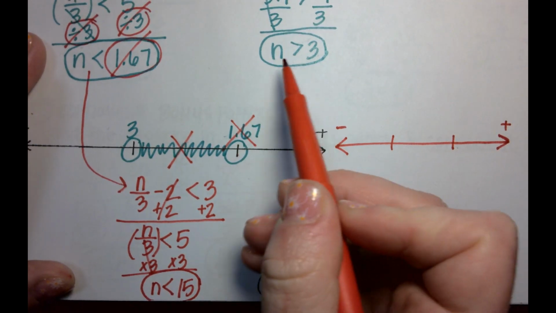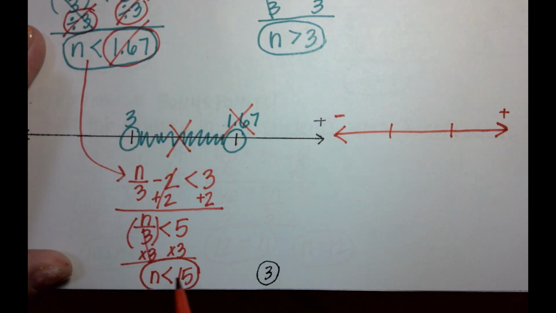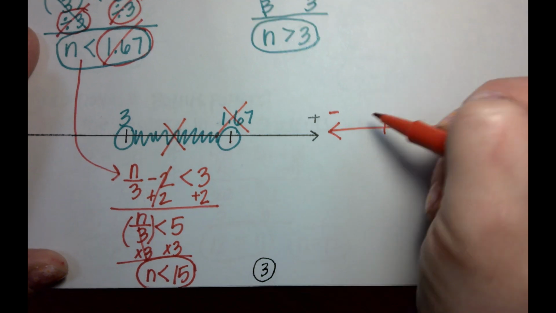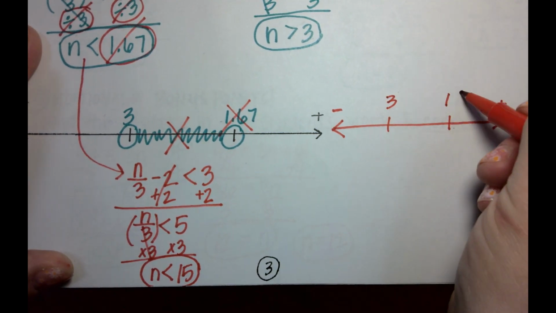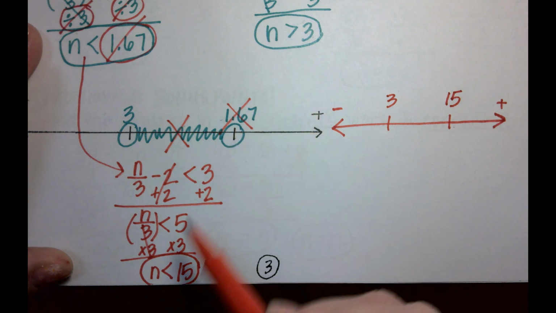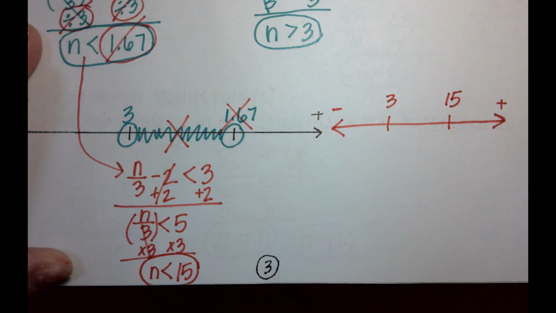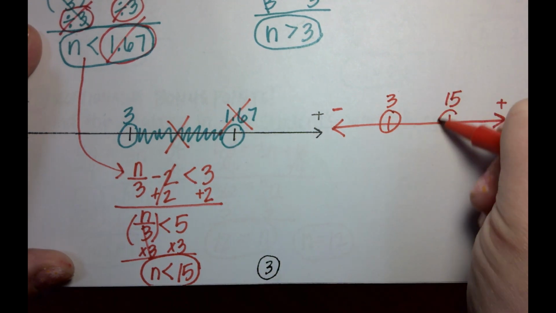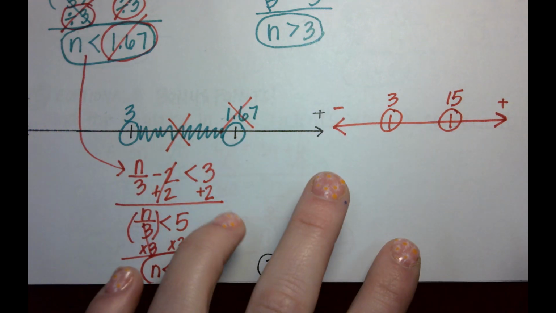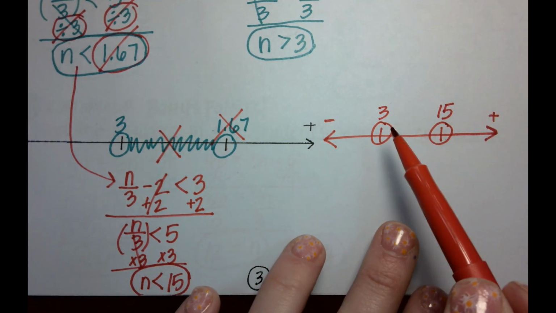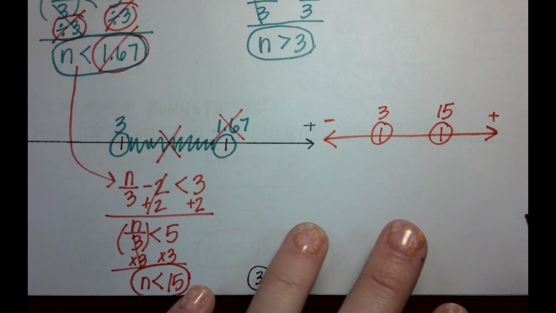So n is greater than 3, n is less than 15. Let's write that. Our 3 comes first, right? Yeah. Okay, and then our 15. Open circles or closed circles? Open. And let's check our directions. So n is greater than 3. So do we shade to the right or the left? To the right.